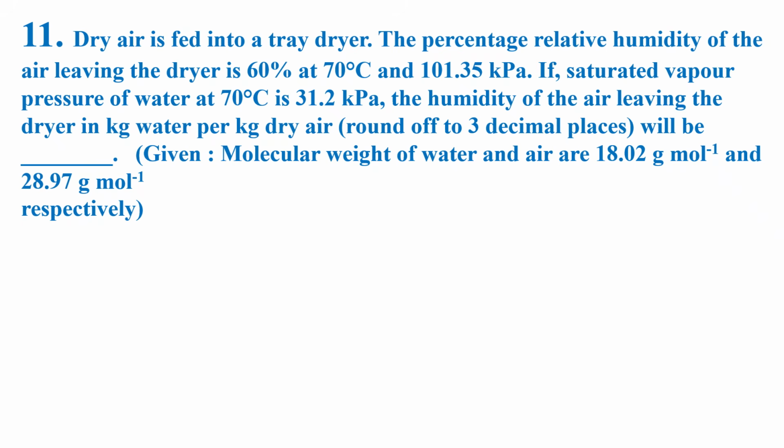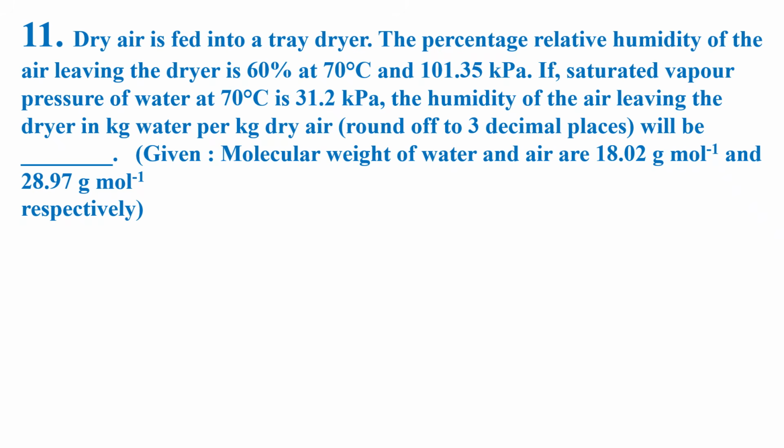Here, the percentage relative humidity of the air leaving the dryer is 60% at 70 degrees Celsius, and this is the total pressure, that is 101.35 kilopascal. And if the saturated vapor pressure at 70 degrees Celsius is 31.2 kilopascal, we have to calculate the humidity of the air which is leaving the dryer. So what are the things given?